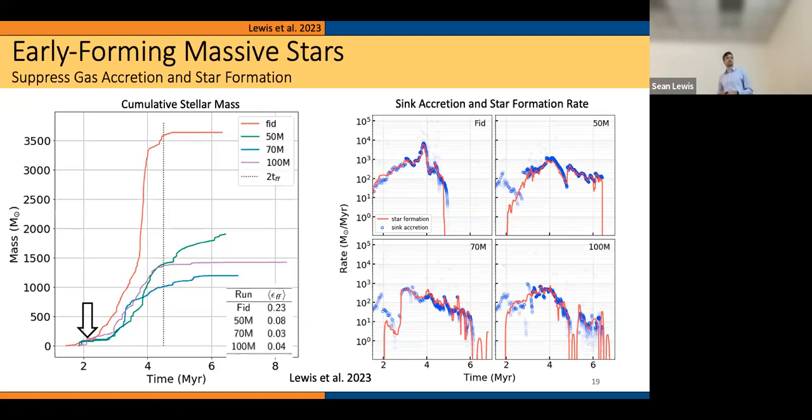You can see similar trends here, where the fiducial run achieves a much higher sink accretion and star formation rate, whereas in the 50, 70, and 100 early forming massive star runs, that peak is suppressed. The star formation, interestingly, seems to take place over a longer period of time, but ultimately the star formation and sink accretion rates are suppressed.